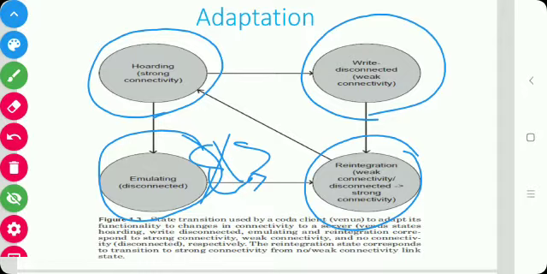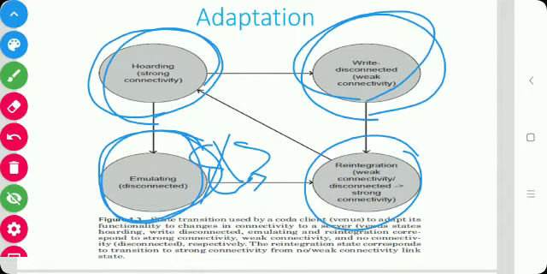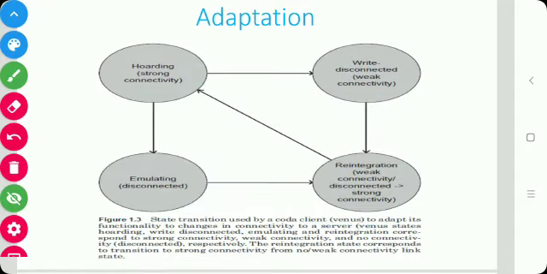In this state, Venus resynchronizes its cache with the accessible server. So the first three are environmental states, while the last state corresponds to the environmental state transition. So these are the three states and this is the state transition.